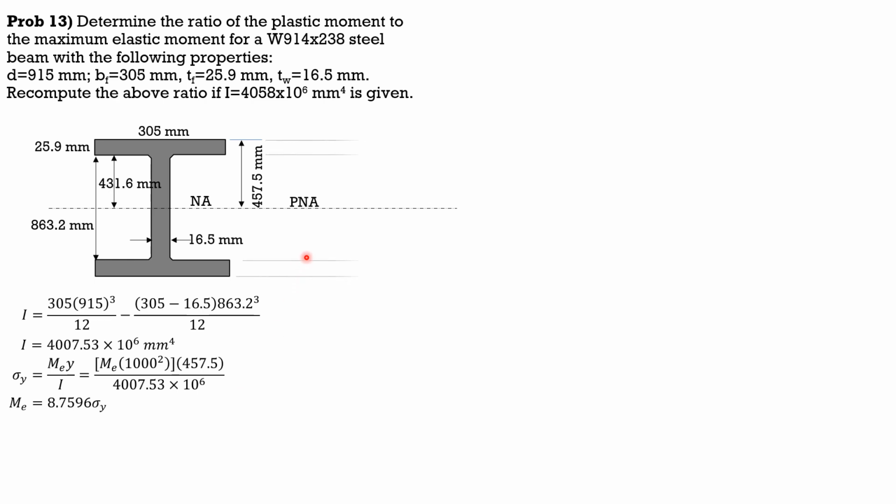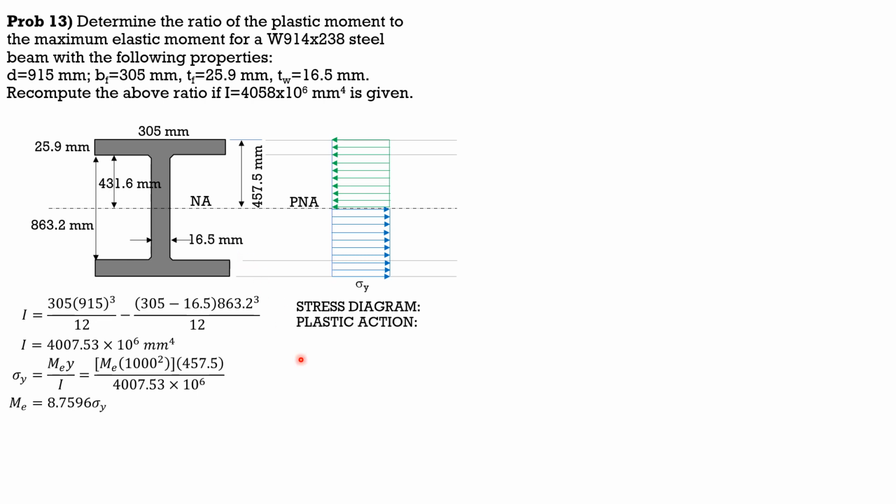Then for plastic neutral axis, the entire section will be subjected to sigma y as shown. So that's sigma y, that's also sigma y. So area above the plastic neutral axis equals area below the plastic neutral axis. So we just compute the moment arms. That's FC1, then FC2, we have FT2 and FT1 rather.